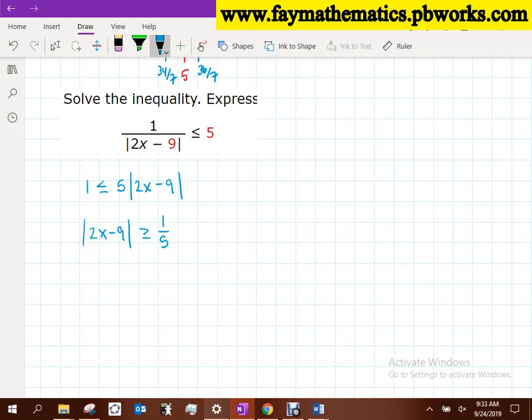Okay, when I do that, my inequality is still pointing to the 1/5 side, or the 1 side, as it did before I divided. So now this is an OR statement. So we should end up with 2x minus 9 is greater than or equal to 1/5, or 2x minus 9 less than or equal to negative 1/5.